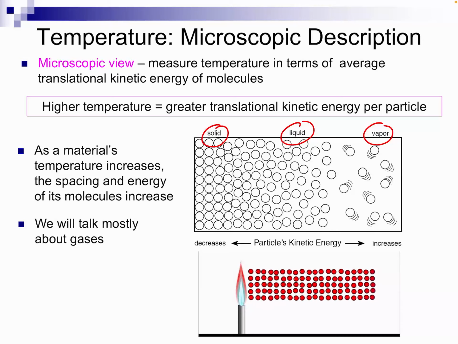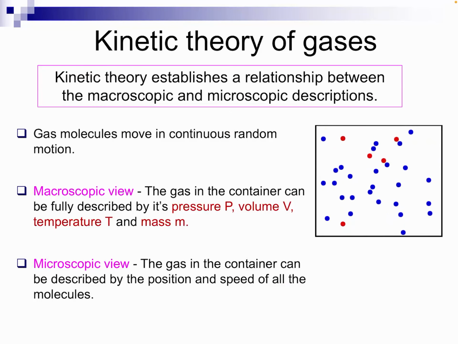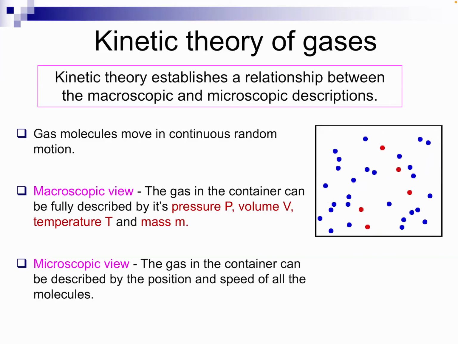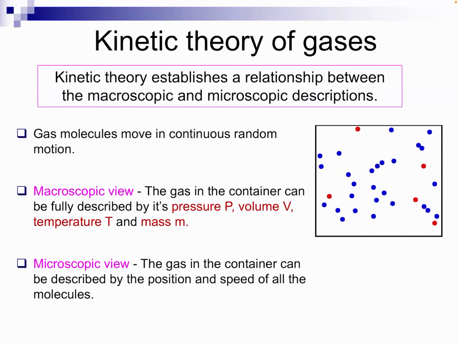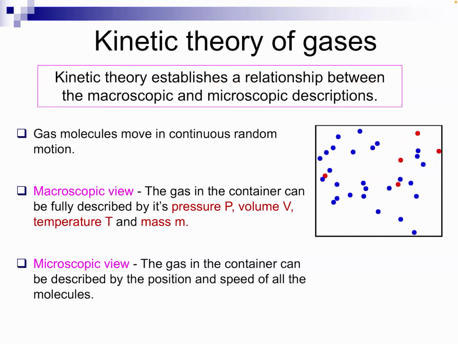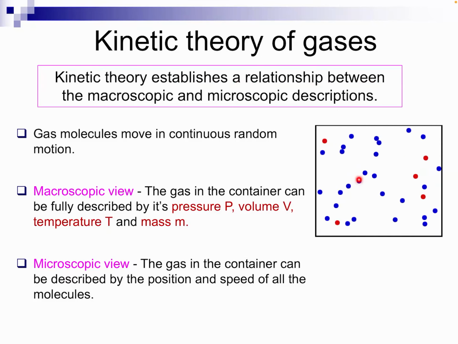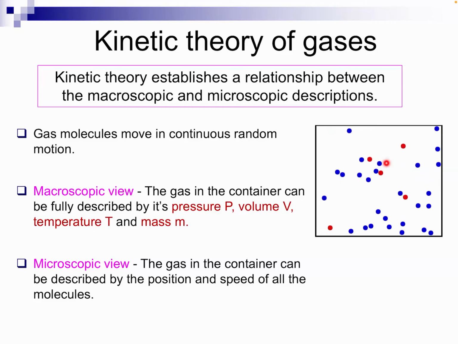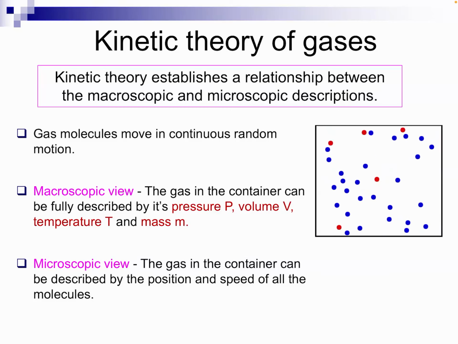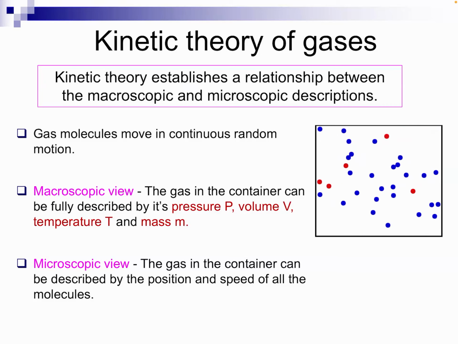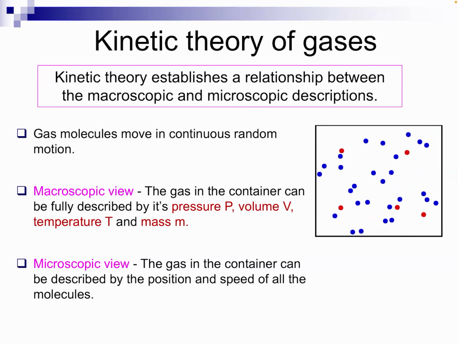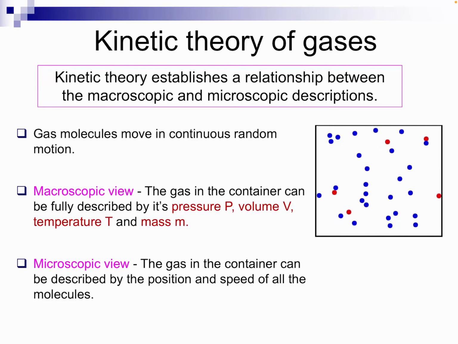So the kinetic theory of gases tries to connect the macroscopic picture with the microscopic picture. It establishes a relationship between what's happening to the atoms or the gas particles that make up the material and what we observe in terms of the expansion of the gas or the increase in the gas temperature.